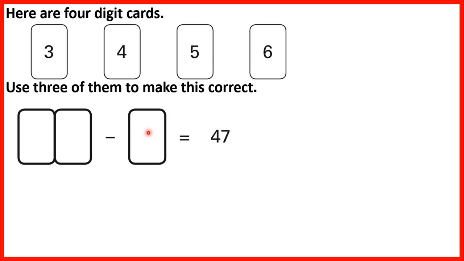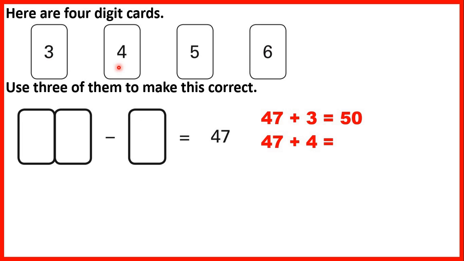If it's a 3, then to find this number, we could work out 47 plus 3. But that's 50, and for 50, we need a 0 in our ones, but we don't have a 0 as one of our digit cards. So this number will not be the 3.